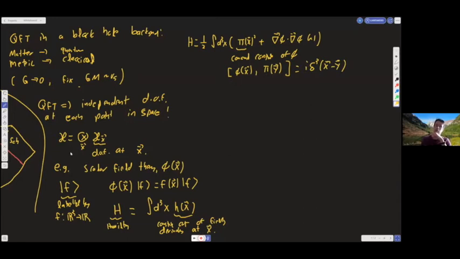You have a Hilbert space constructed out of a bunch of degrees of freedom at each point in space that are all independent of each other. And then you've got a Hamiltonian that's a local integral of some Hamiltonian density, which is just a function of the fields and their derivatives at each point in space. Any questions about this?